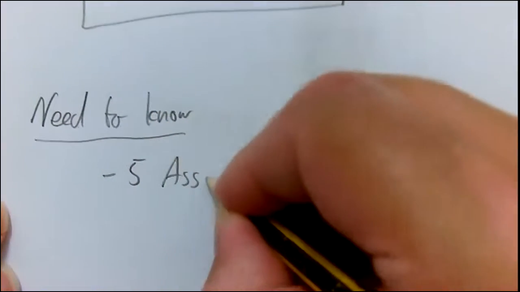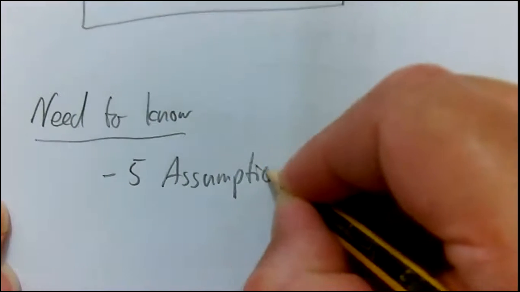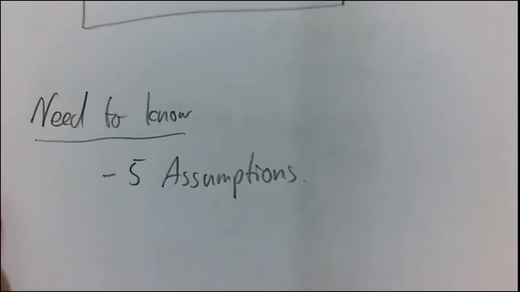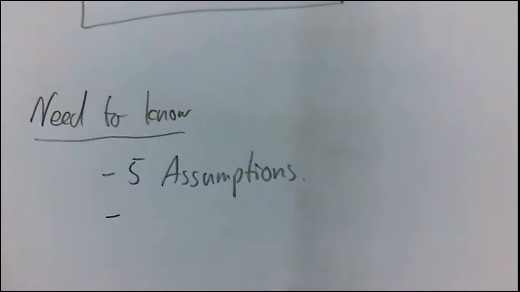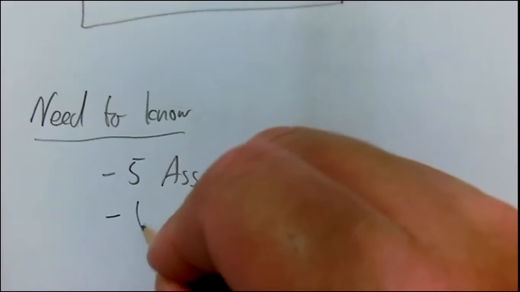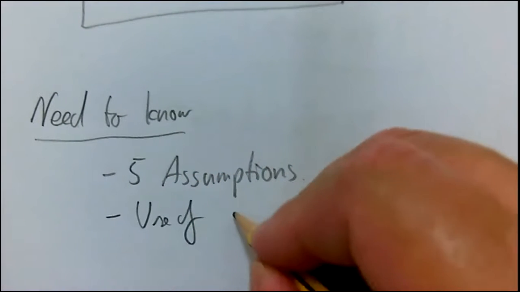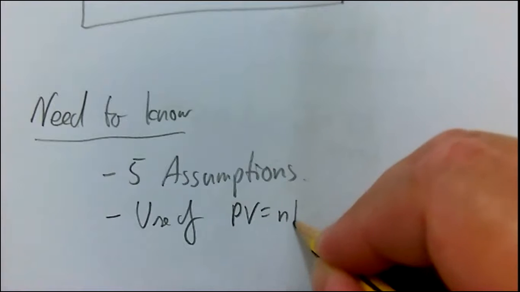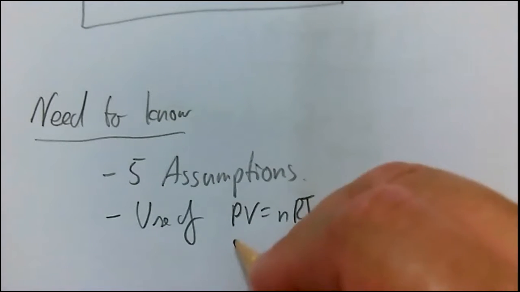Now, what do you need to get out of that? First of all, the thing you need to memorize are the 5 assumptions. Questions on the assumptions to do with the particle gas are very, very common. The other thing you need to know is, from the previous topic, the equation of state.